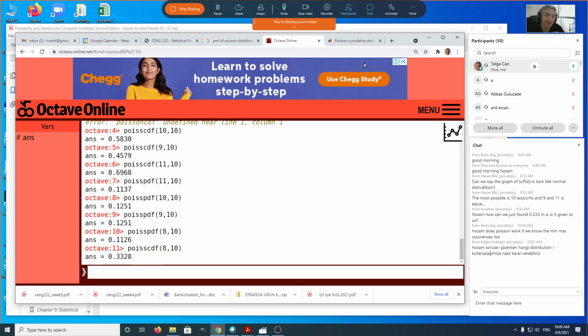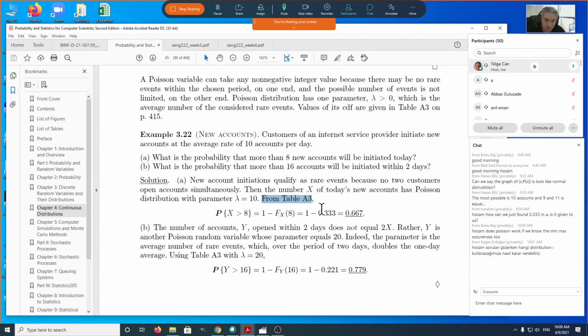Number of trials until the kth success, that's negative binomial. So you need to really digest these and understand the semantics of these distributions to decide which distribution you are going to use in what question. That's basically something you'll get used to after solving lots of exercises and problems.